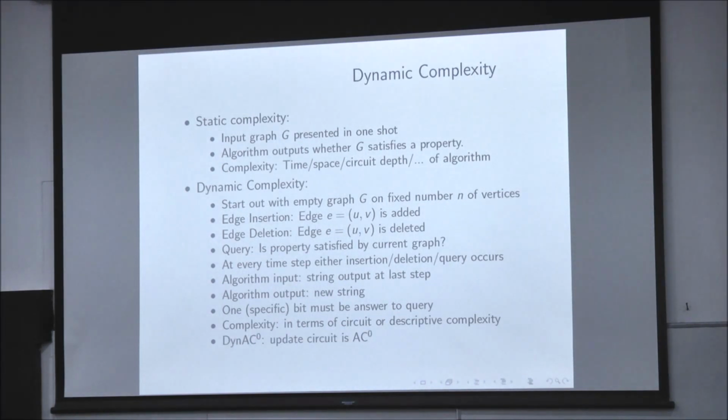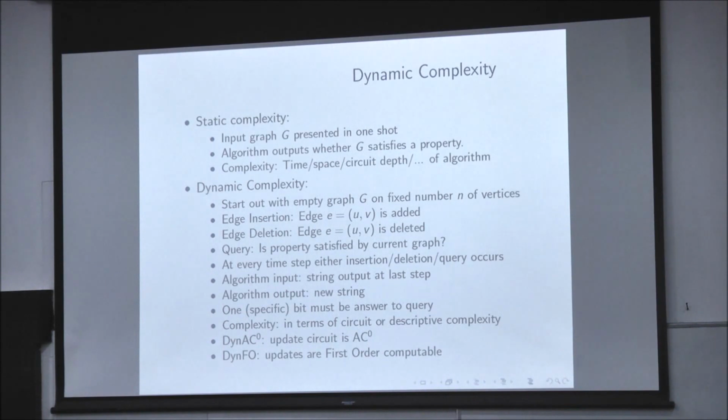And we can define complexity classes based on these, such as dynamic AC0, where the update circuit is an AC0 circuit, or in terms of descriptive complexity classes like first order. So DynFO is the class where the updates are first order computable.